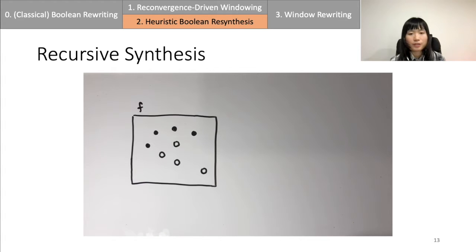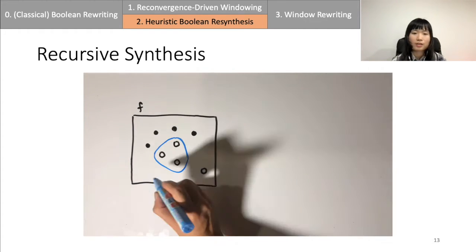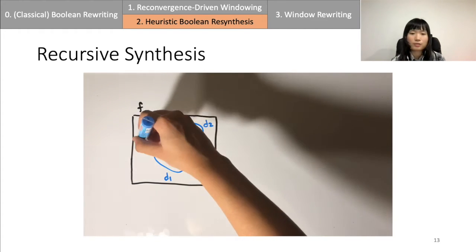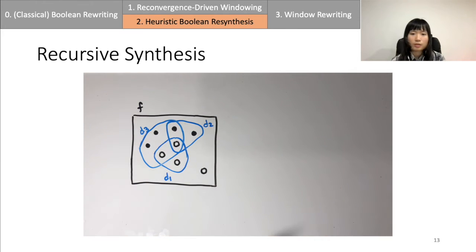To recursively construct a larger dependency circuit, we choose an unate divisor to divide the target function. Suppose that we have these three divisors. D1 is negative unate, D2 and D3 are binate.